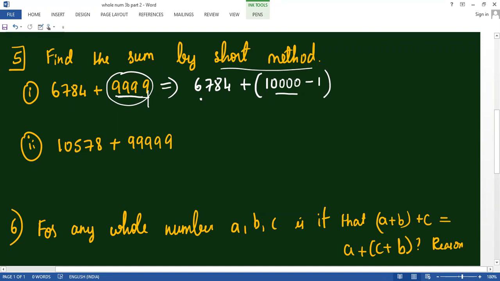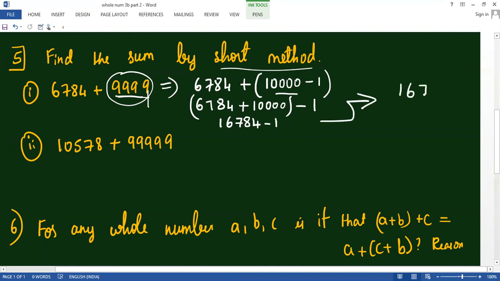So that is equal to 6784 plus 10,000 minus 1. That will be equal to 6784 plus 10,000, which is 16,784 minus 1. So the answer will be 16,783.